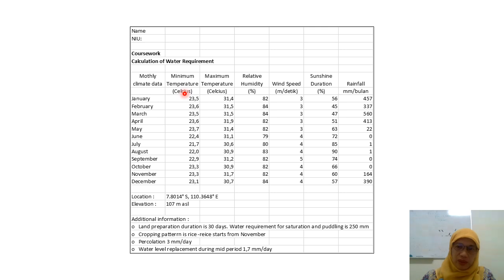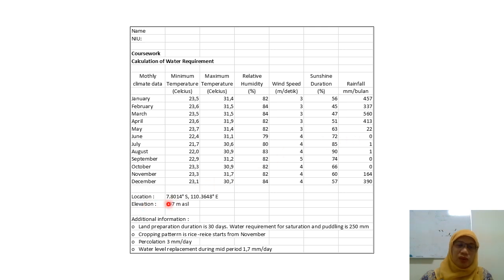The unit of the temperature is Celsius. The unit of relative humidity is %. Wind speed in meter per second, and sunshine duration in percent, and rainfall in millimeter per month.